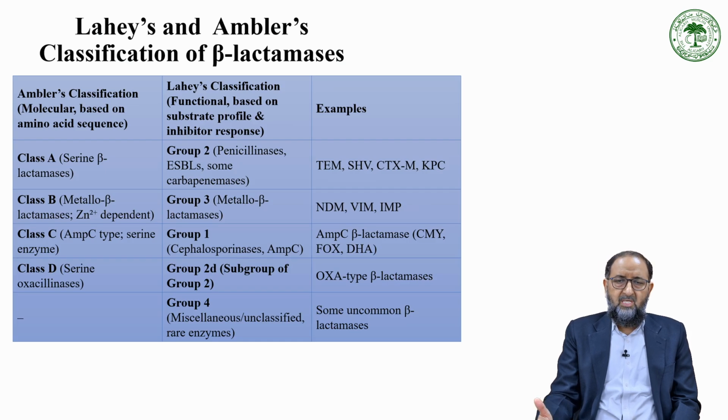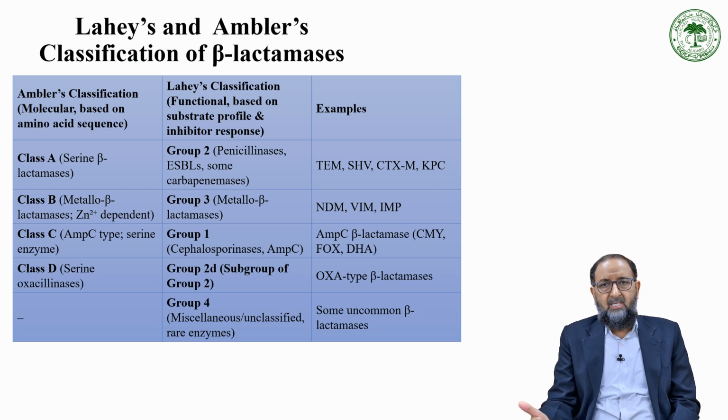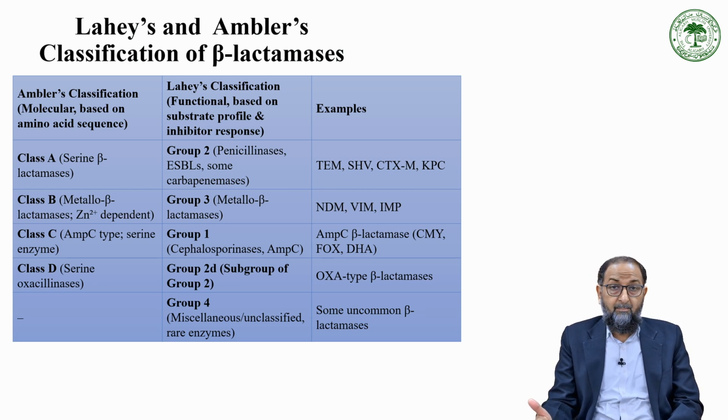So having OXA alone may not develop much effective resistance, and it can be inhibited by imipenem and meropenem sometimes. But having OXA with NDM or other metallo-beta-lactamases like IMP or VIM, it shows more severe resistance.